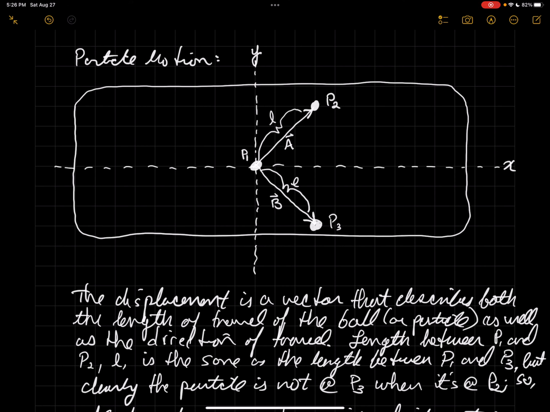Okay, so we can introduce two new locations to try to help us understand a bit more about this idea of vectors being the same or vectors being different. So let's introduce two new points. We'll introduce point 4, which is a little bit higher on the grid from point 1, but along the y-axis.